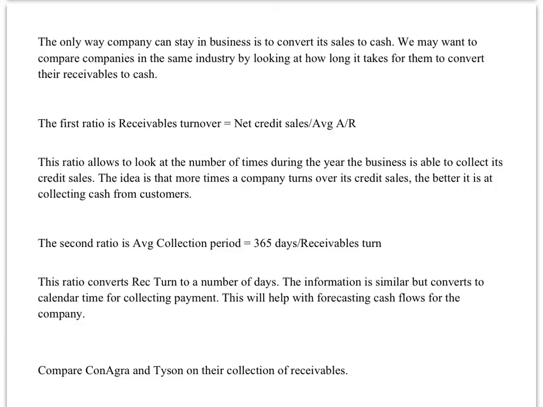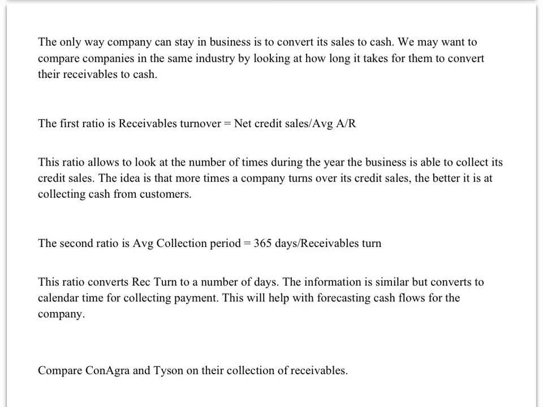And that is net credit sales, after returns, discounts, and allowances, divided by average accounts receivable. Now, how do we get average accounts receivable? The easiest way is to take beginning period accounts receivable, add ending period accounts receivable, divide by 2.